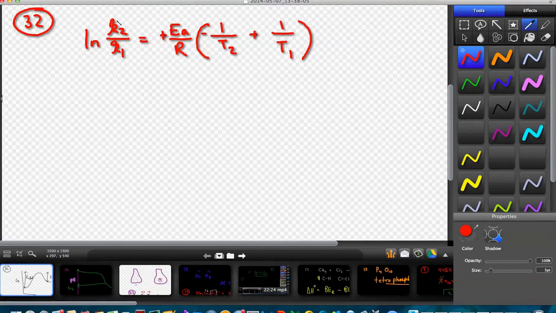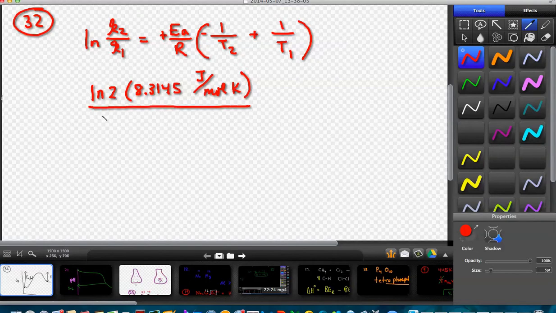The rate constant should double, so this will be the log of 2 times R, which is 8.3145 joules per mole Kelvin, divided by 330 to the minus 1 minus 340 to the minus 1. That's really how I would input it in my calculator.